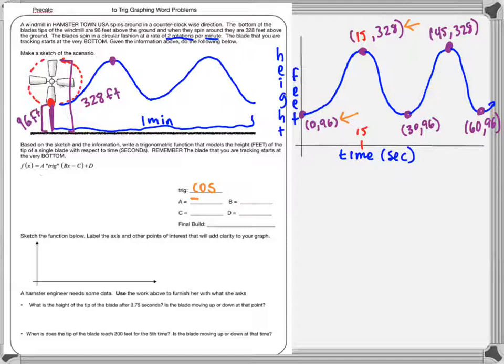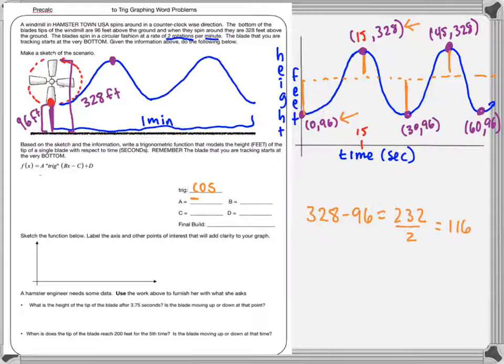Subtracting the maximum from the minimum gives us 232. We want to find the middle of that, which is right in the middle there. When I say middle, this is what we're finding, these distances right here. To find right in the middle, let's divide that by 2. That's going to give us 116.